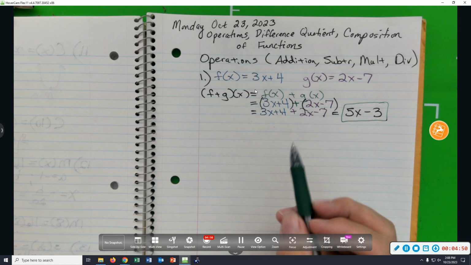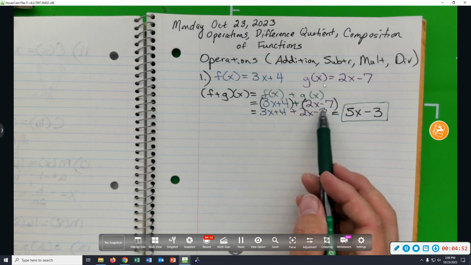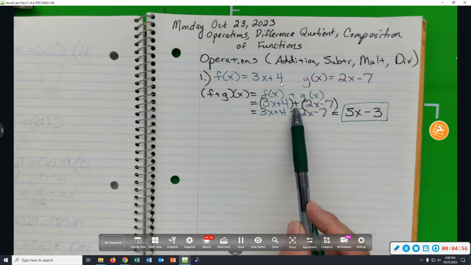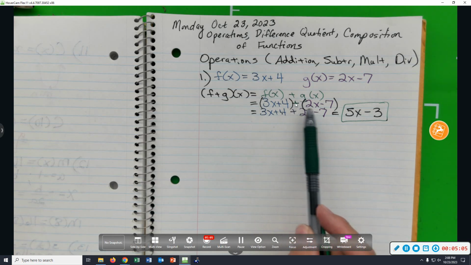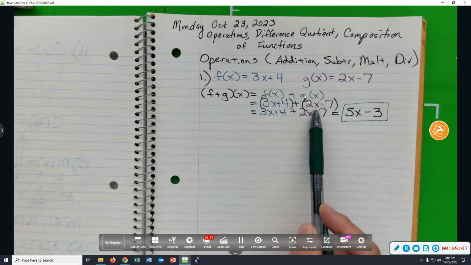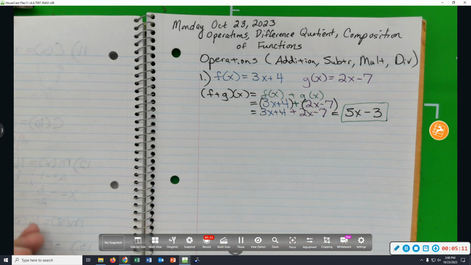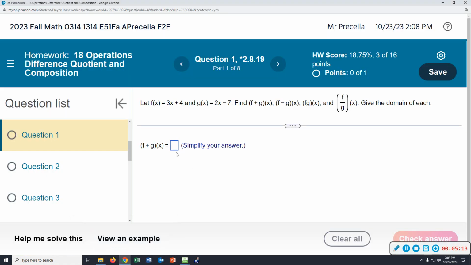We took what we had for f of x, we added it to g of x. Now in a moment we're going to subtract. There'll be an additional step with the subtraction. Who can see ahead and predict what we're going to have to do when we have a minus there in front of those parentheses? We're going to have to distribute, okay. But for f of x plus g of x, it's just 5x minus 3.